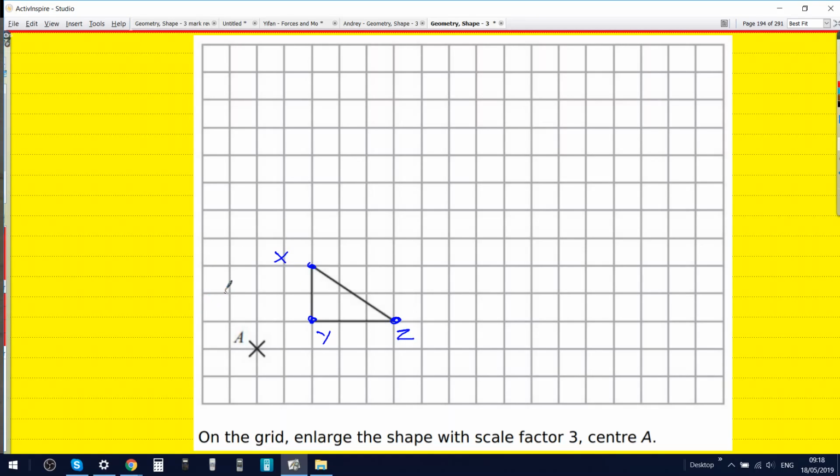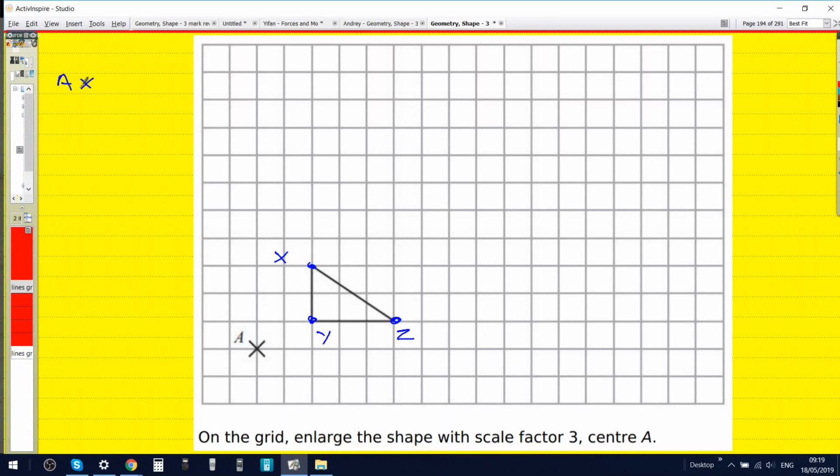So with enlargements, not only does the shape get bigger, but the space also gets bigger. So one way you could do it is you could say from, let's say, A to X. So that's 2 right and 3 up. And so after a scale factor of 3, where is that going to be?